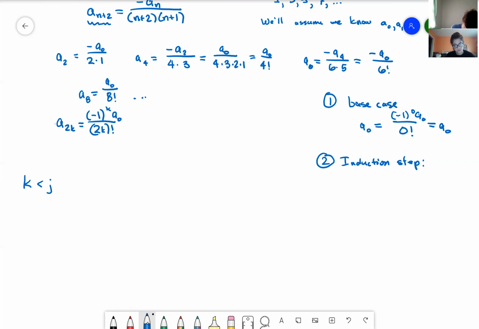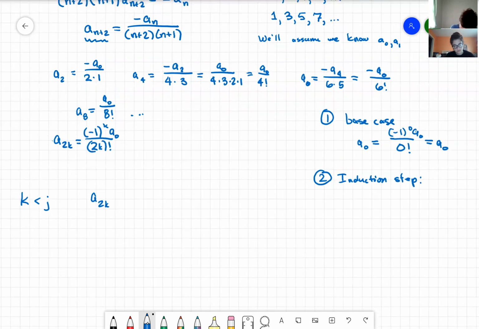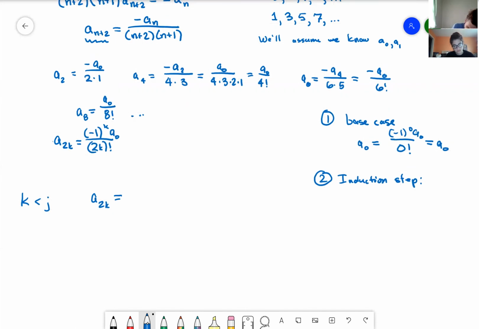So we'll rewrite this in terms of a 2k is equal to, using our rewriting step, or our recurrence relation. Oh, by the way, that's maybe some useful jargon.